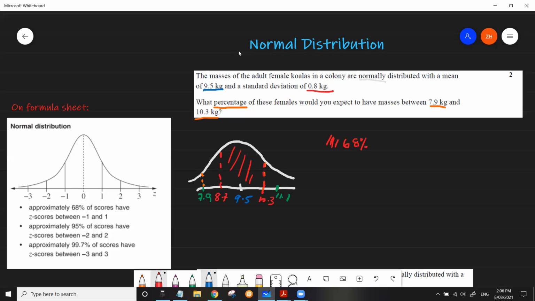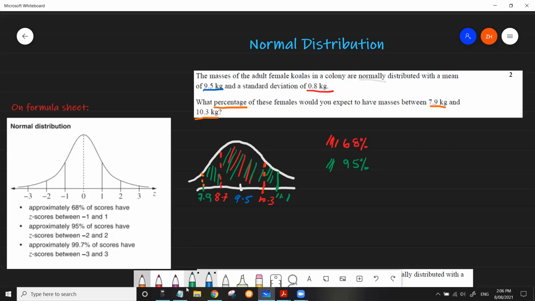We already know that. If we go out one step further, I'll do that in green for the moment, all the way up to here, and include that middle part, that's going to be 95%. We know that as well.